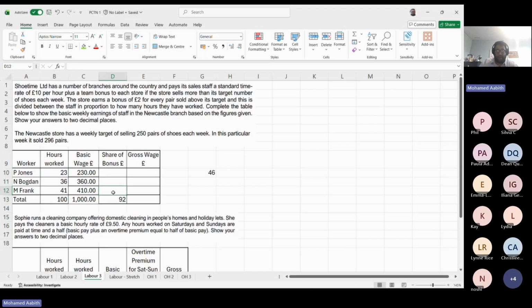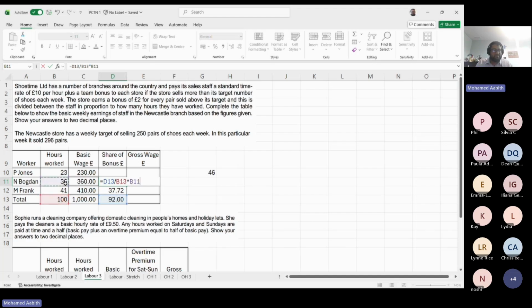So what I'm going to do now is divide the total bonus by the total number of hours, which is 100, and then multiply this by that number. That will give you their share. So their share of the bonus is going to be £37.72. Let me just change that to 2 decimals. Same way here: that divided by 100 gives you 1 hour's worth of bonus, which is 92p.